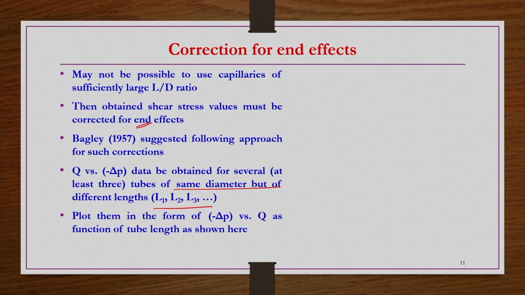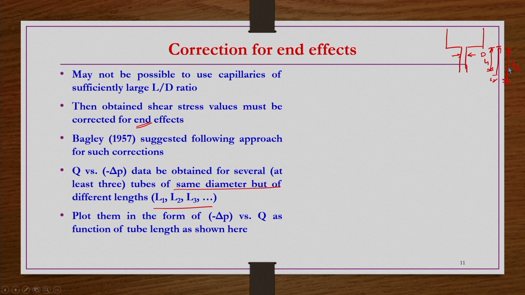Now, whatever 3 capillaries you are using, you take a barrel like this, and then different capillaries with the same diameter but different lengths: sometimes L1, sometimes L2, next time maybe a larger L3 capillary.